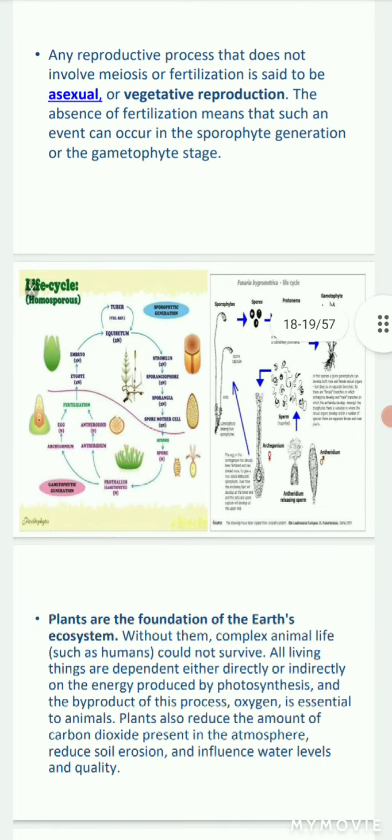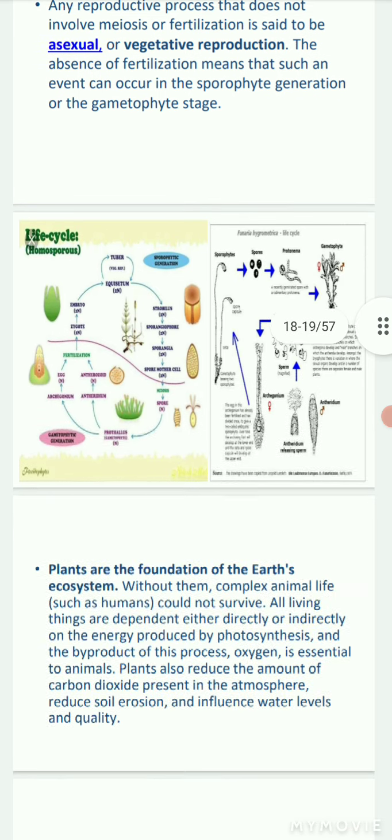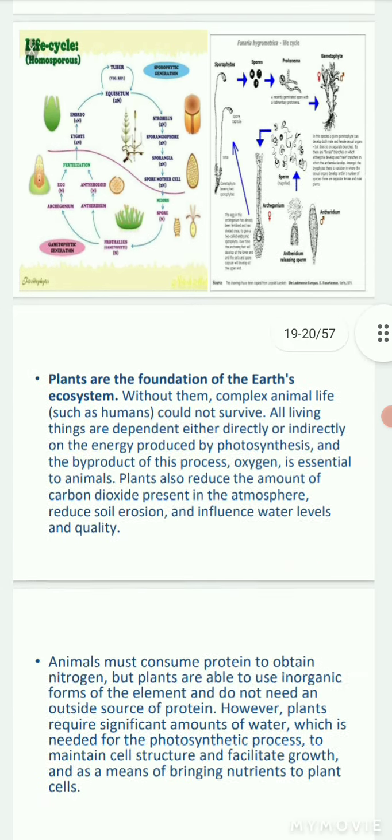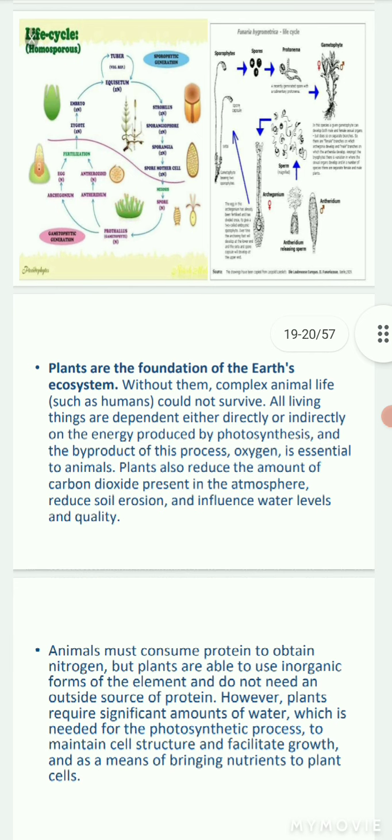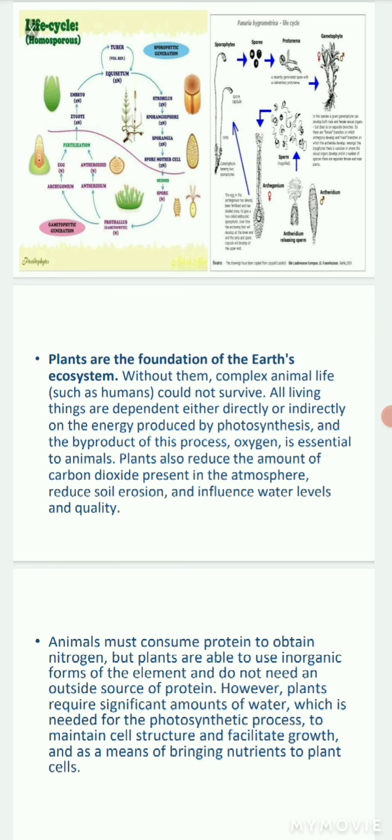Then, plants are the foundation of the earth's ecosystem. What is meant by that? Plants are not a gift from anyone. They are founded on planet earth. They went through a small gradual evolutionary process, and without them complex animal life such as human beings could not have developed, and human beings could not survive without them.